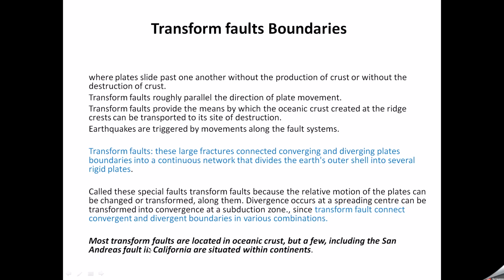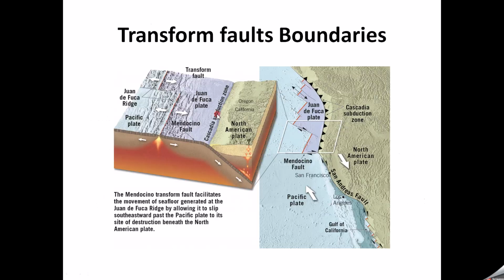Most transform faults are located in oceanic crust, but a few, including the San Andreas Fault in California, are situated within continents. And this is the San Andreas Fault, connecting convergent boundaries with divergent boundaries, right here in California.